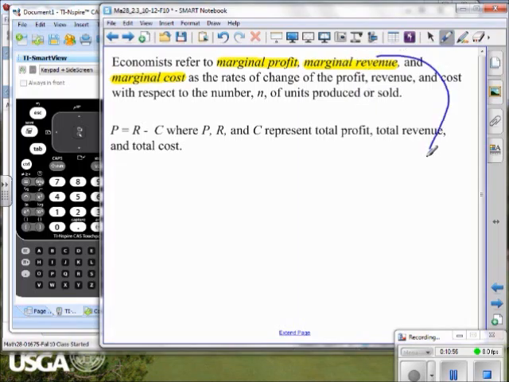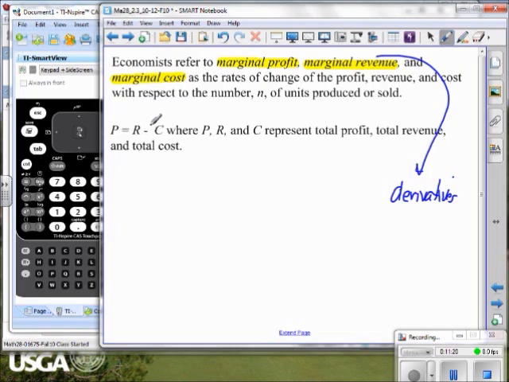So all of these are going to be derivatives. If you have anything that says marginal cost, marginal profit, marginal revenue, marginal demand, whatever, if it has the word marginal with it, it is a derivative that is generating the value of that.